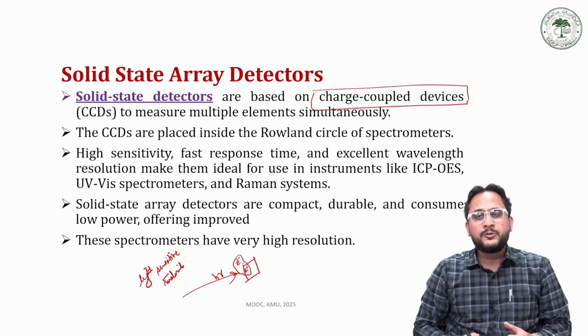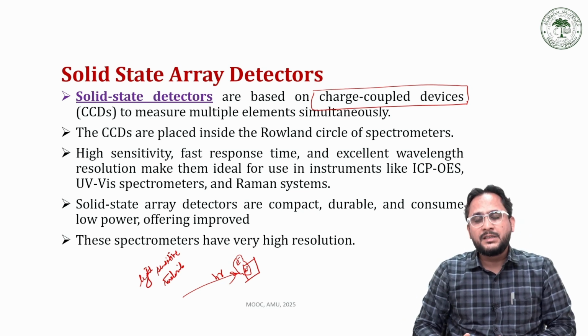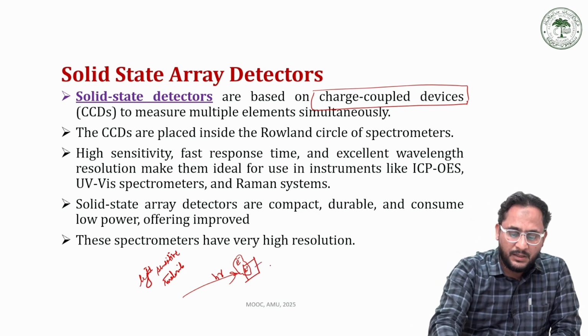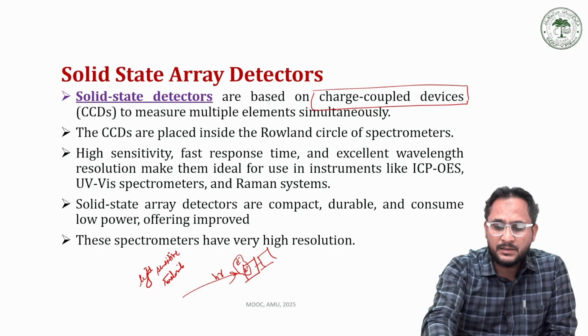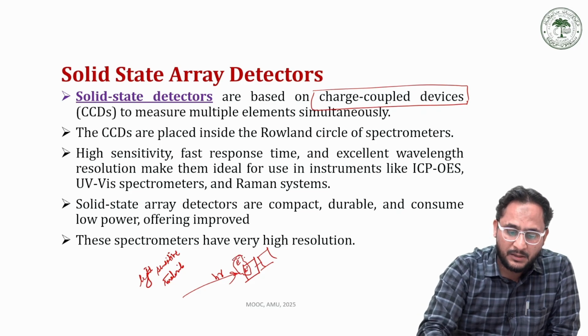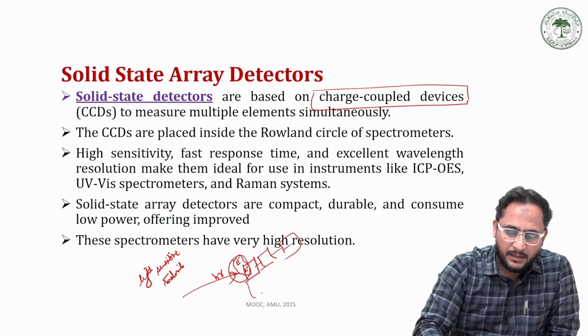These electron hole pairs create an electrical signal which is then stored in the capacitor connected with these devices. Therefore they are called charge coupled devices, because these charge pairs are created and stored in the capacitor, and an electric current or electric signal is generated.